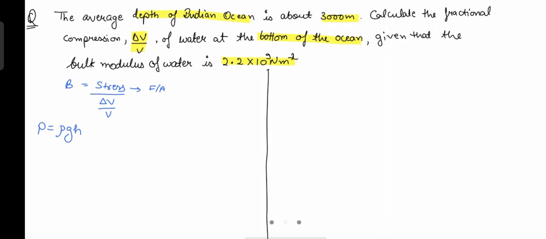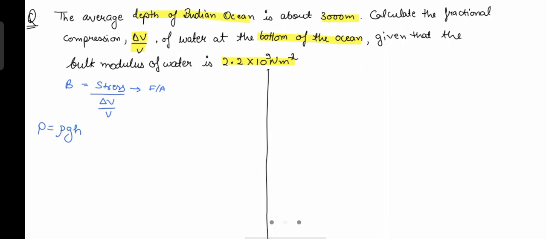How are we going to apply it here? First, the value for g. Everybody knows the value of g, it should be equal to 10, the gravitational acceleration. Then what should be the value for h? Is the height given to us?